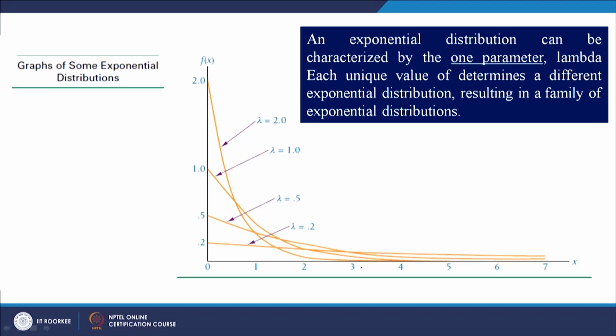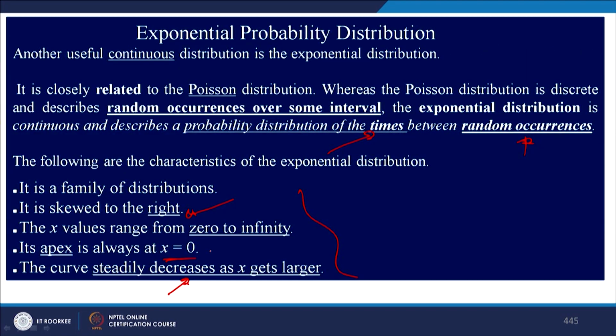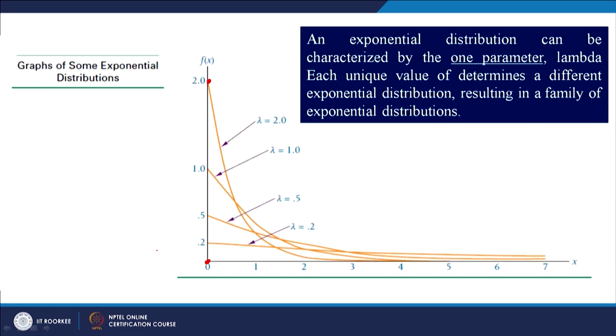So, let us look at this graph of exponential distribution. As I said, it is a family of curves. These are different curves. The peak value of this curve is here, and this peak value is when x is equal to 0. This is what we said in the previous slide, its apex is always at x equal to 0.